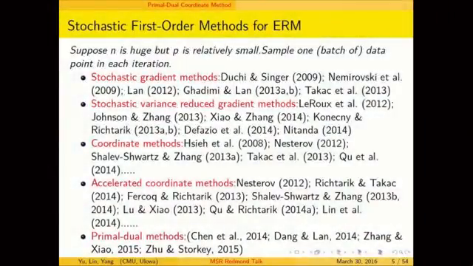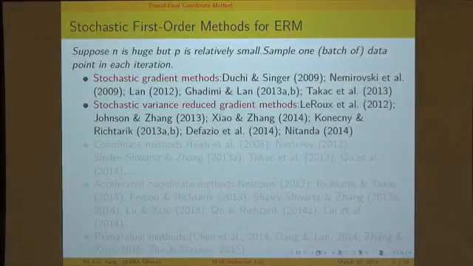There is a lot of work on this empirical risk minimization problem, in basically two lines. The first line is the stochastic gradient method. In each iteration, such methods use a stochastic gradient which in expectation is the same as the full gradient, but has a variance.